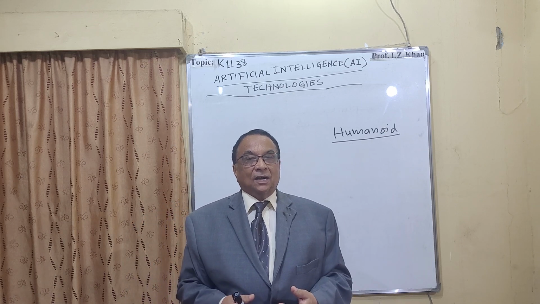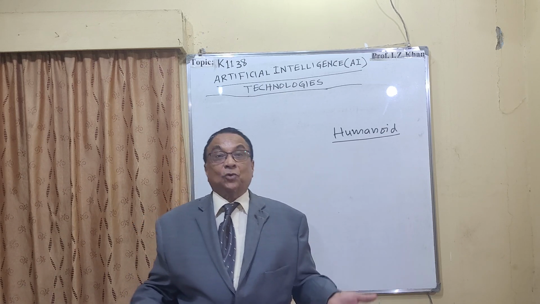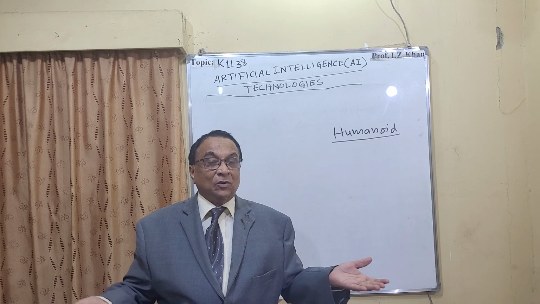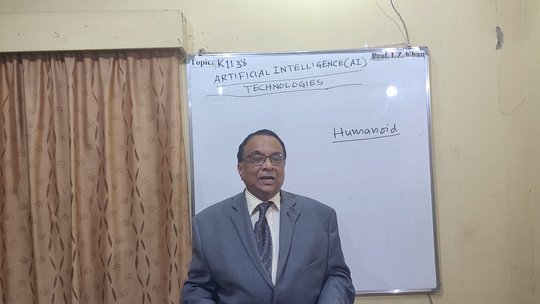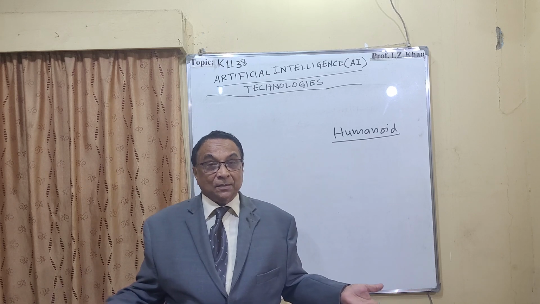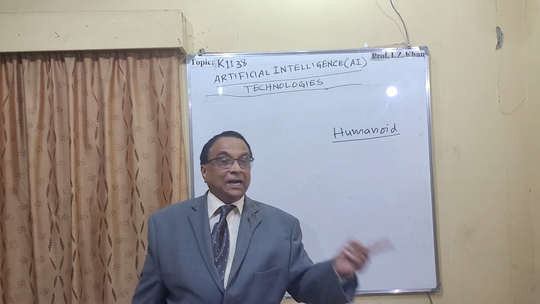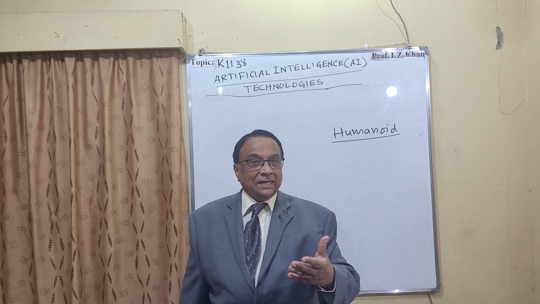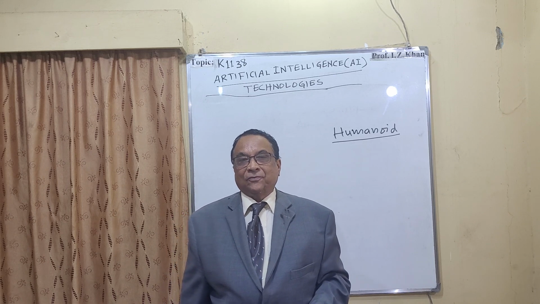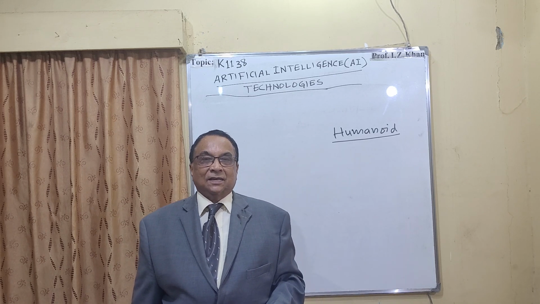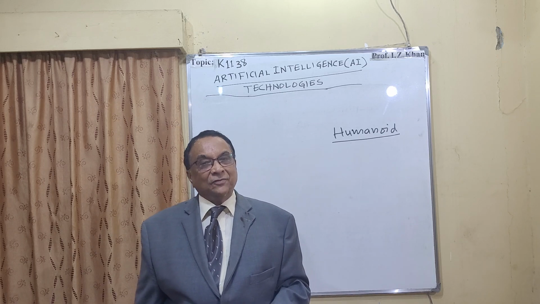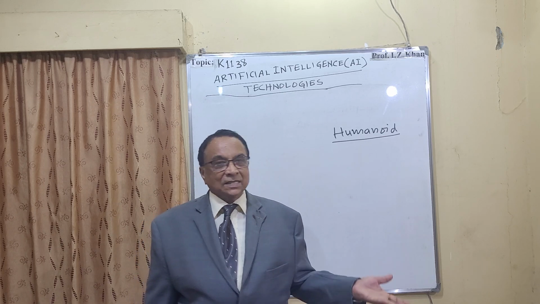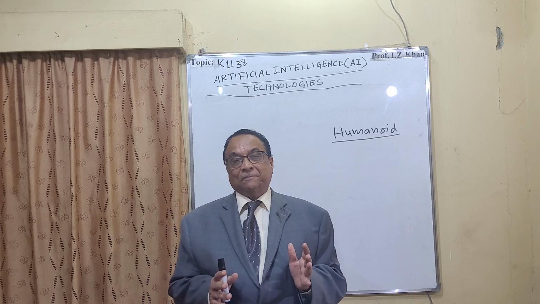Like Sophia, which you might have heard of, that humanoid was given Saudi Arabia's citizenship, and now many humanoids are produced. They behave like human beings. In India, some female-looking humanoids are reading the news on television and discussing issues, so that is called a humanoid.